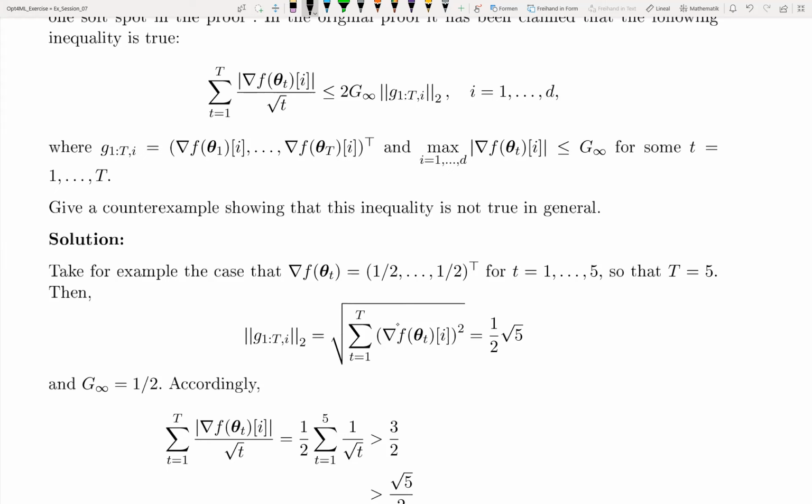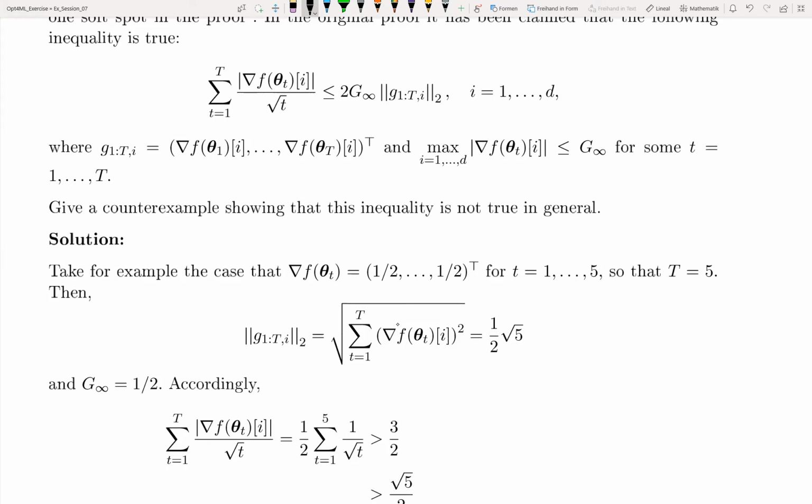This would be the case, for instance, if you have 1/2 times theta. And well, then the objective value function won't change. The gradient will be the same every time for each of your iterations.